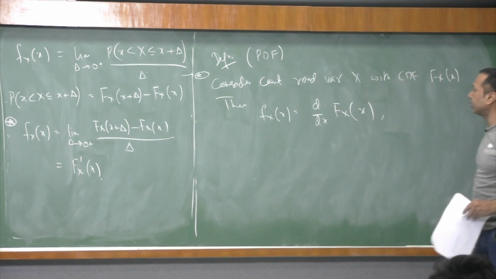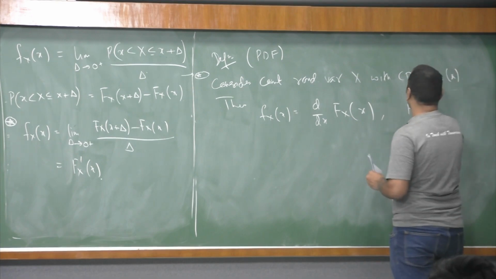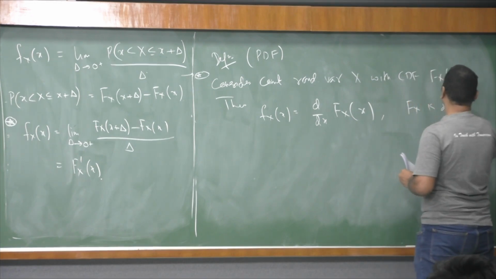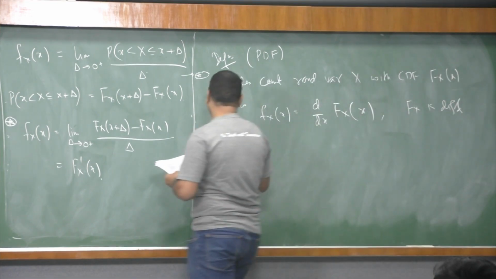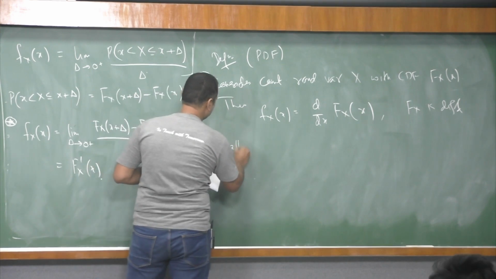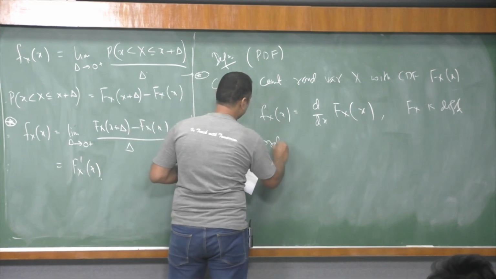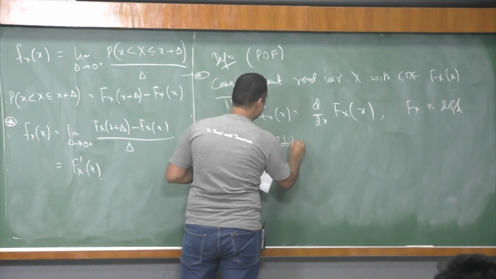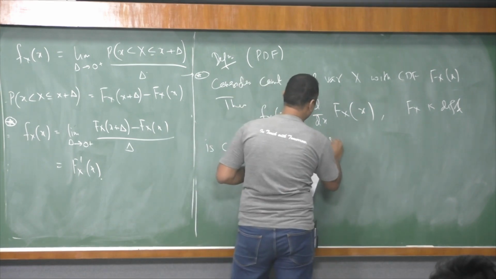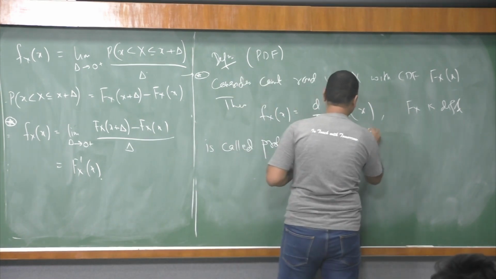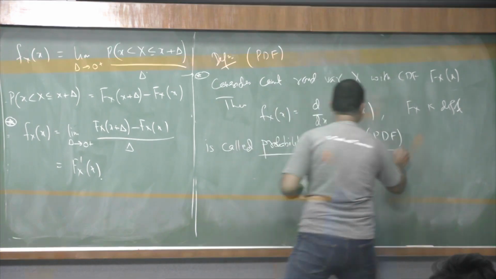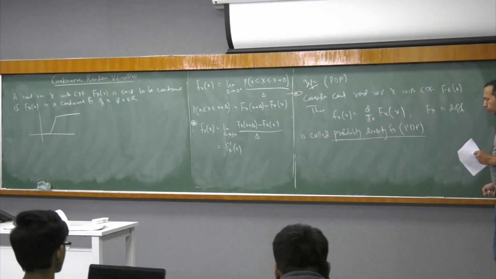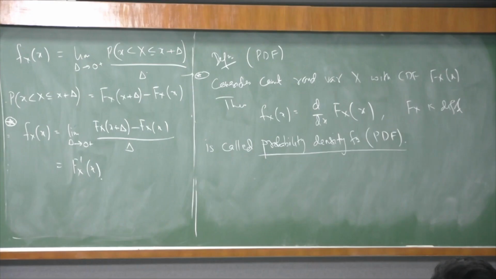And obviously F_X has to be differentiable, so we assume that F_X is differentiable at x. It is called the probability density function, or PDF in short. Not the PDF file, portable document format, but probability density function.